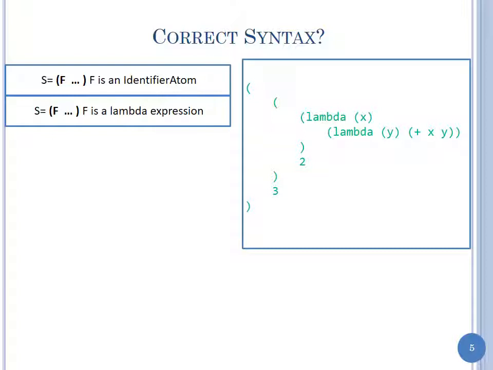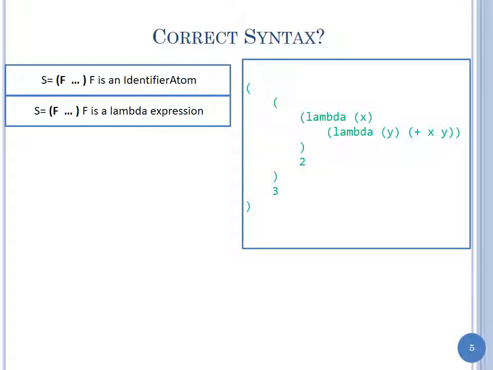We are applying, the argument here is 3, right? Is this itself a lambda expression? It evaluates to a lambda expression. It is not a lambda expression. So you were right. We needed a func call.